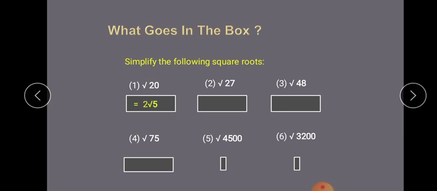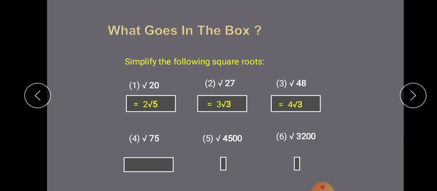So 20 we can write as 4 into 5. So 4 is a perfect square. So perfect square of which number? 2. So 2 will come out. 2 root 5. Root 27 we can write as 9 into 3. 9 is a perfect square of which number? 3. So 3 will come out. So 3 root 3.